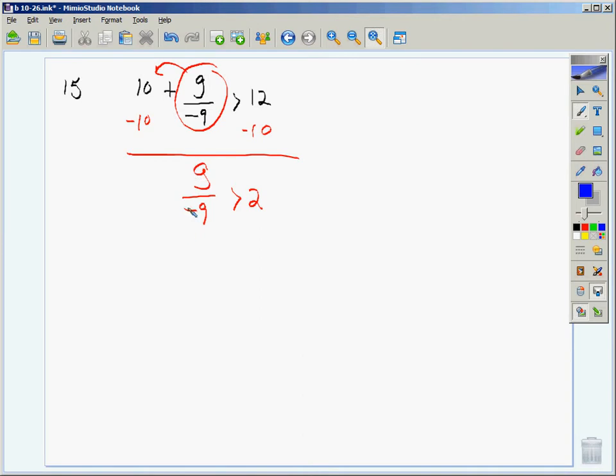To get rid of division, I use multiplication. The minute I multiply by a negative, what happens to my inequality? It flips over. So g is less than negative 18. It'd be an open circle on negative 18 because it can't be equal. Since it's getting smaller, it'd be going to the left.